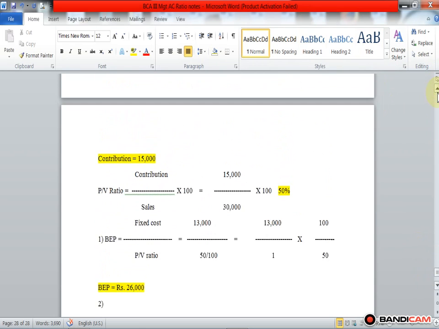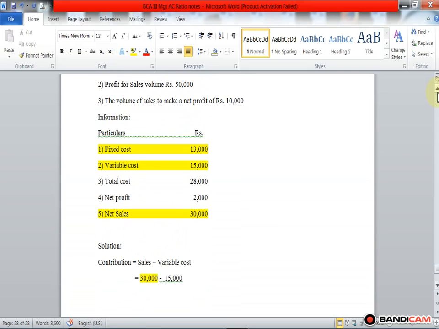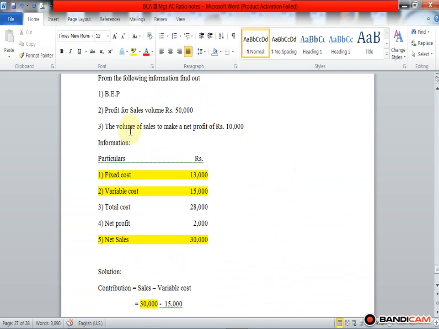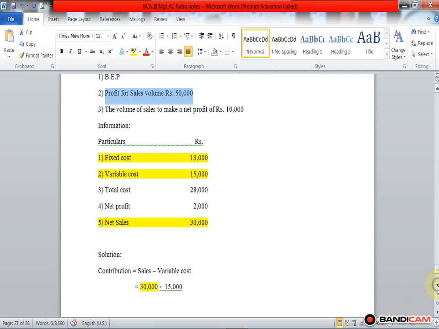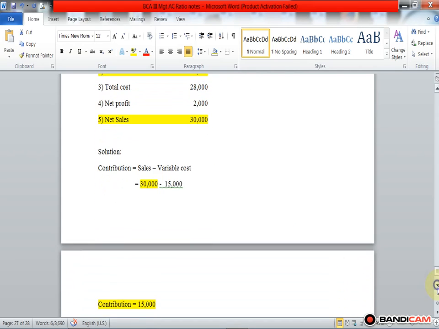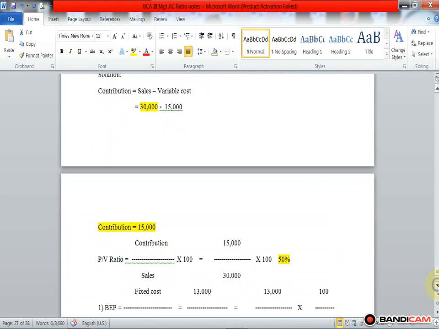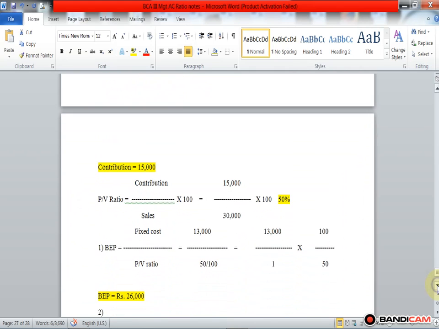Here in the problem, see the problem here. Find the profit if sales is rupees 50,000. Simple.